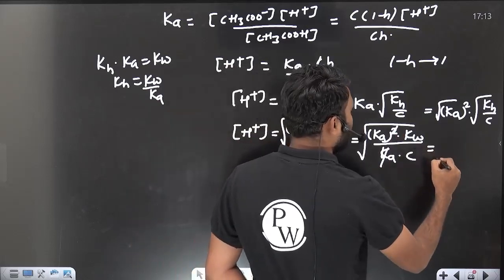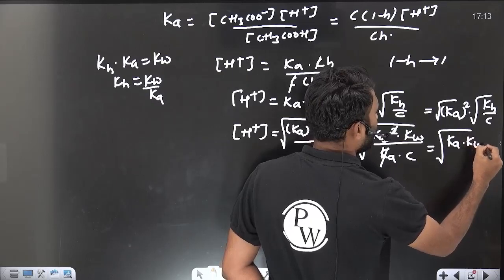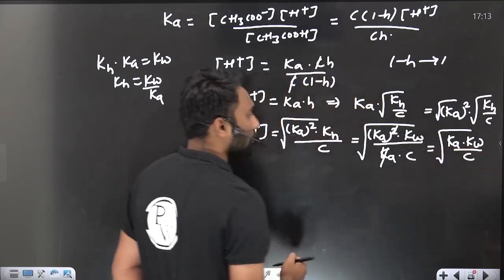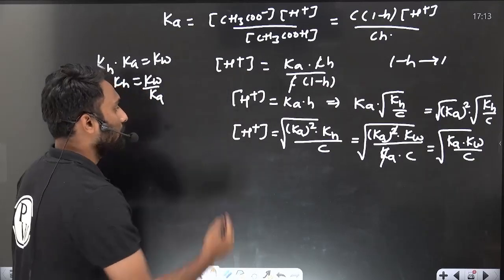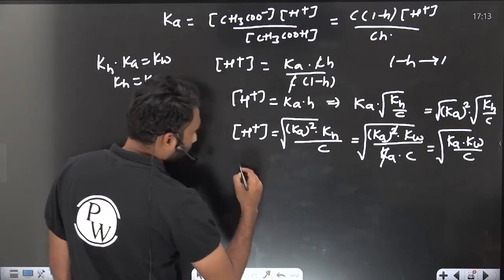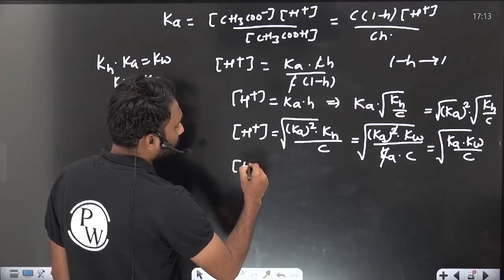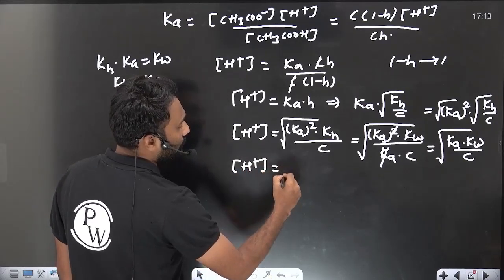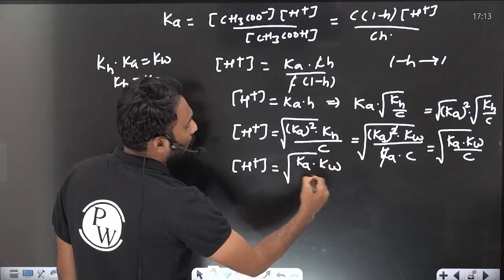Now we'll get under root Ka into Kw by C. Now H plus ion concentration is equal to under root Ka into Kw by C.